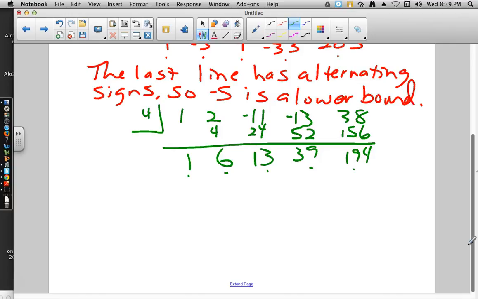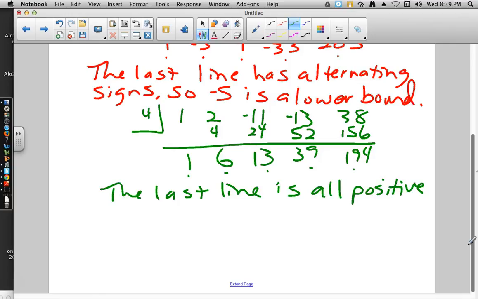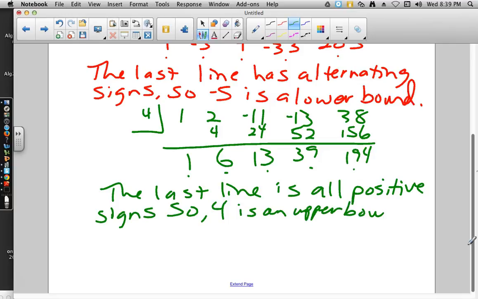And again, all it has to be is non-negative. So zeros and positives are good. But in this one, we can say the last line is all positive signs. So 4 is an upper bound. That's what we were looking for. We were trying to make sure that we could see those.